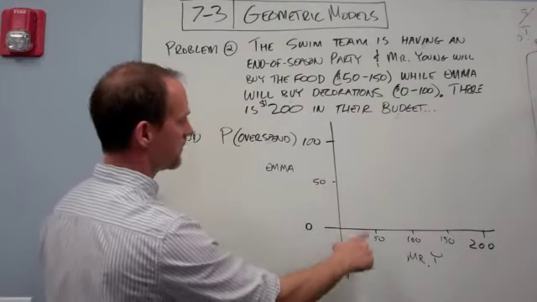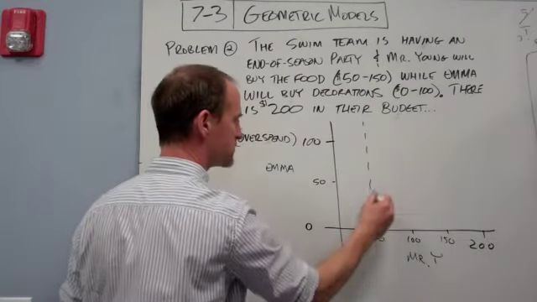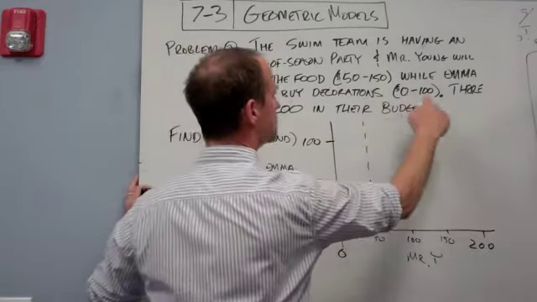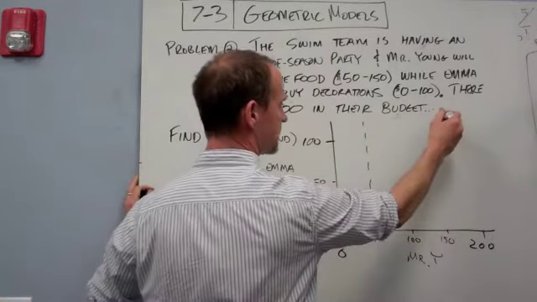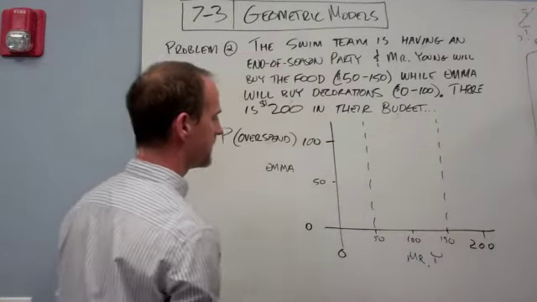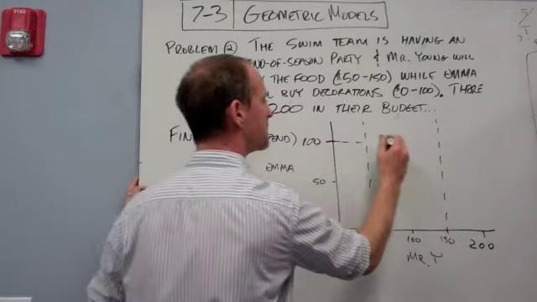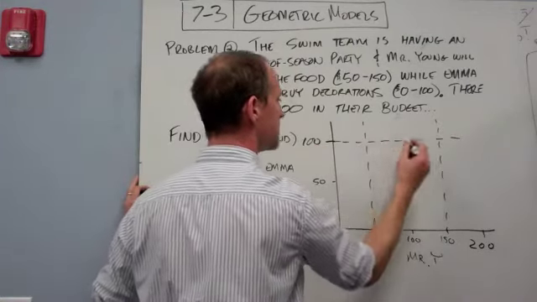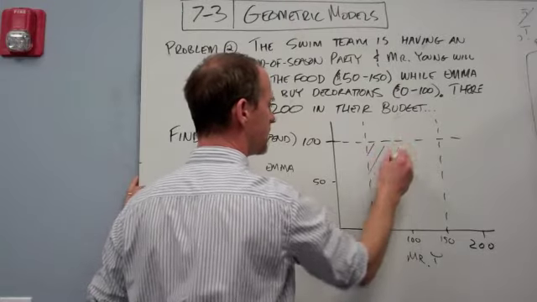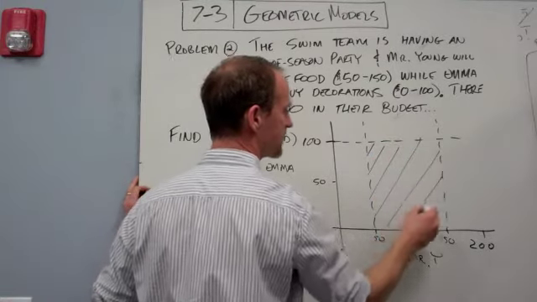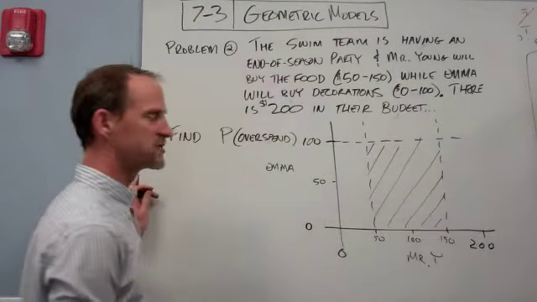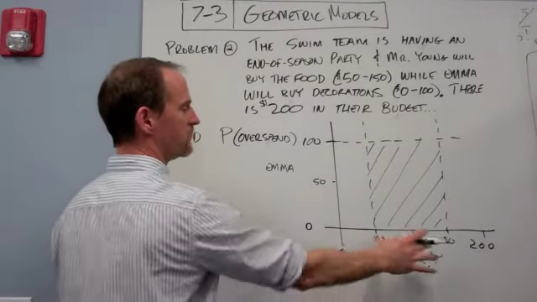And so the 50 range begins there. The 150 is right there. And then this budget is from 0 to 100. So this is the region that they will be shopping within. That is our entire sample space for this problem.